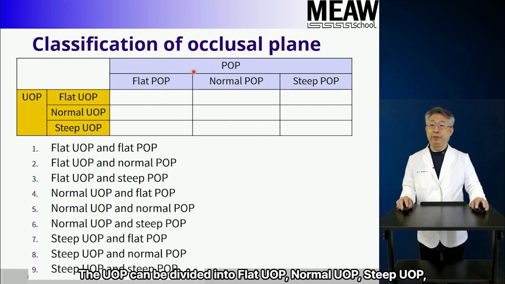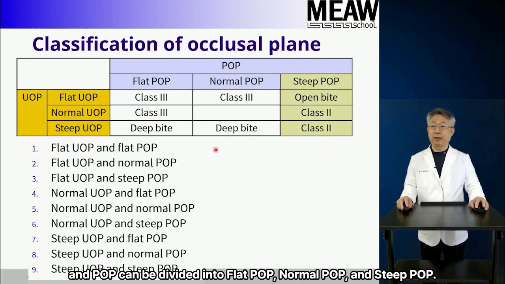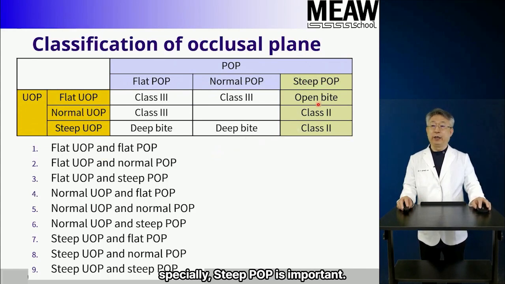The UOP can be divided into flat UOP, normal UOP, steep UOP. And POP can be divided into flat POP, normal POP, and steep POP. Especially, steep POP is important.